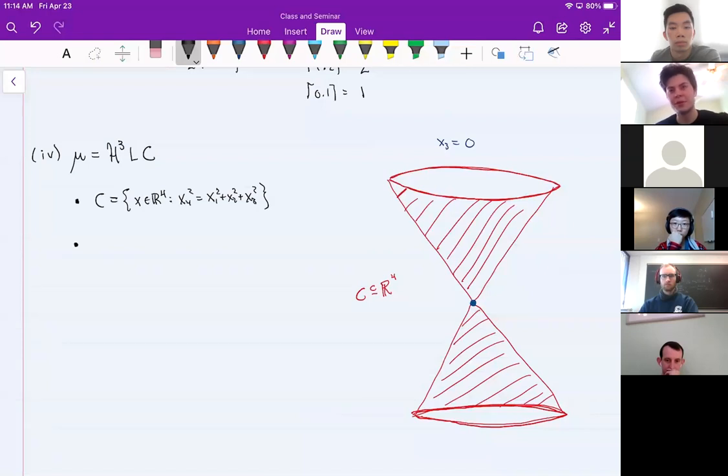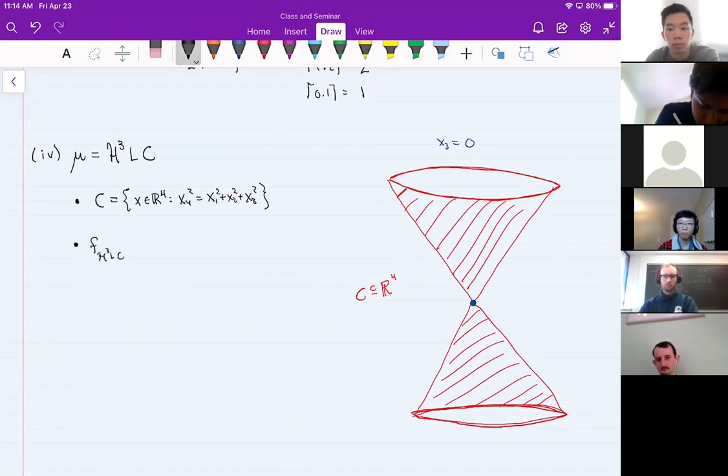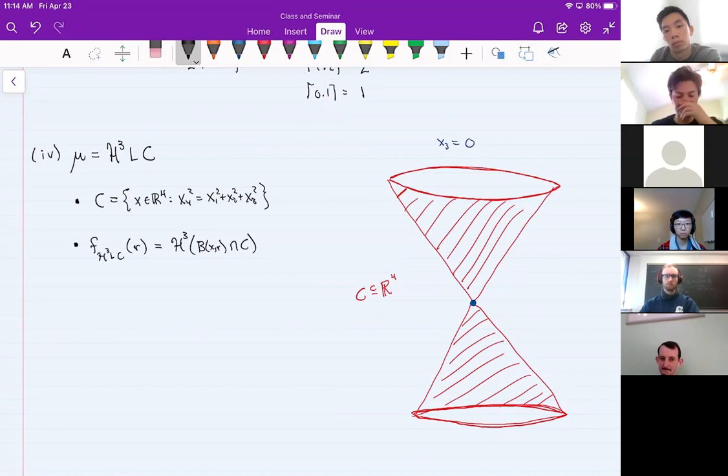So this is a 3-dimensional set, and it turns out that, again, this is a fact that I won't prove here, the measure of a ball centered on any point in this cone, any point on the set intersected with it, is actually 4/3 pi r cubed.